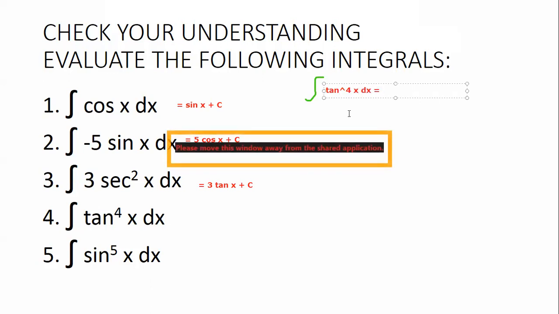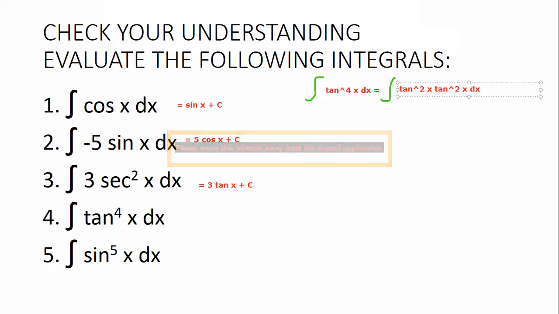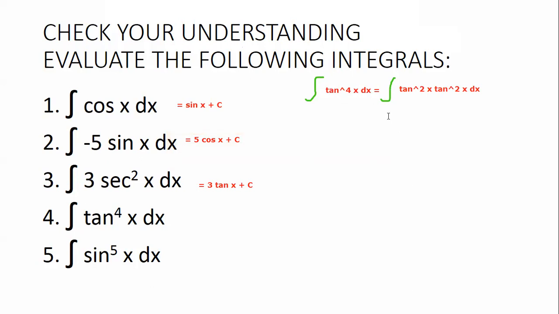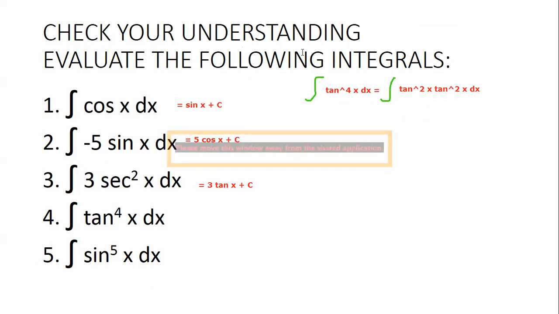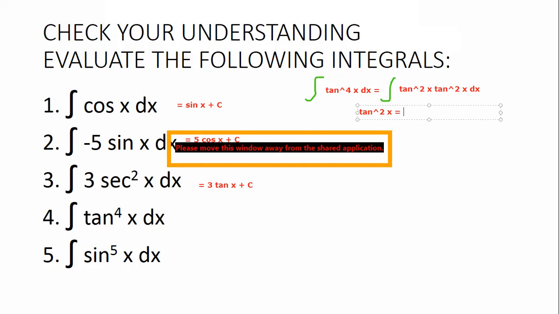This is the same as secant squared x multiplied by tangent squared x. Remember in our previous examples, we have our equivalent identity for tangent squared x, which is equal to secant squared x minus 1.